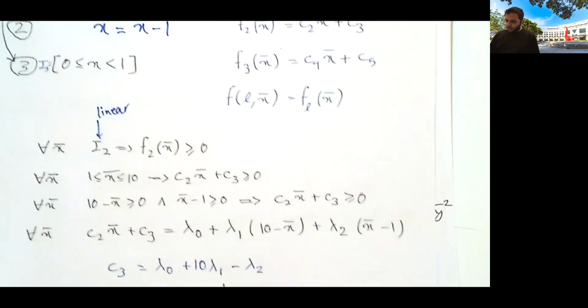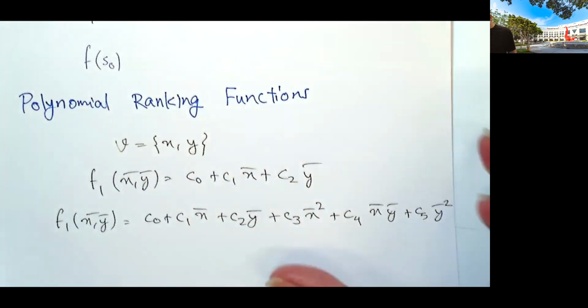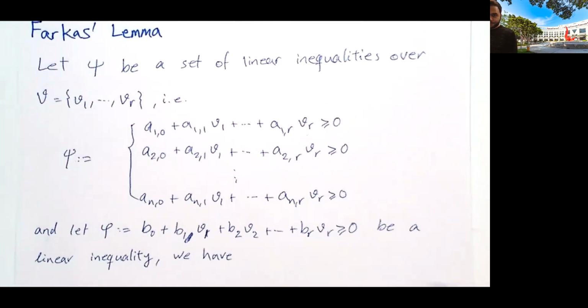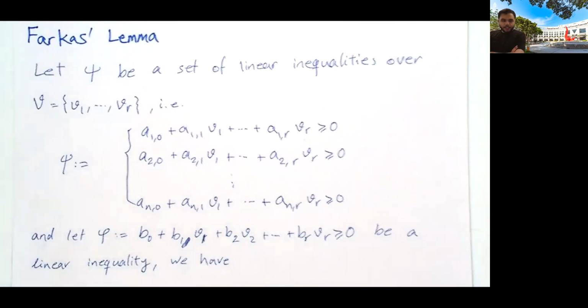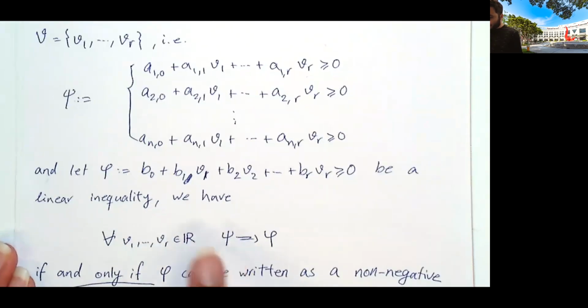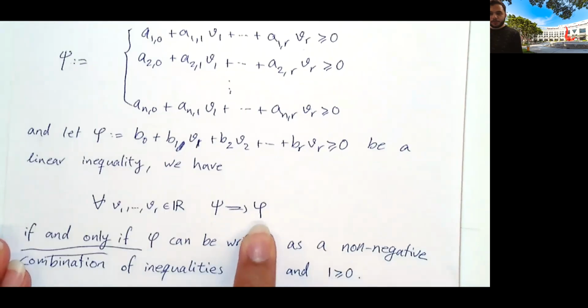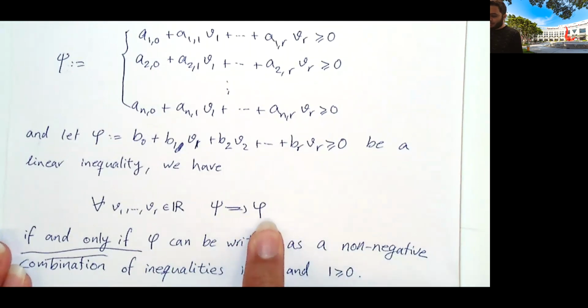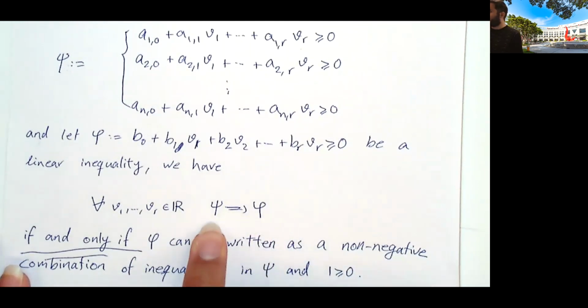Okay. So we cannot apply Farkas lemma. And the reason is this, well, in Farkas lemma, what we had was a condition for having some linear inequality phi be implied by a set of linear inequalities.